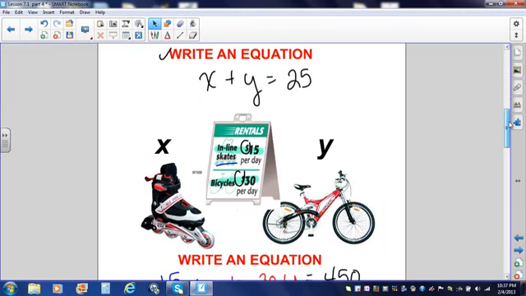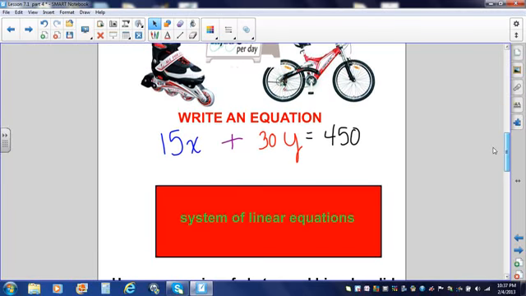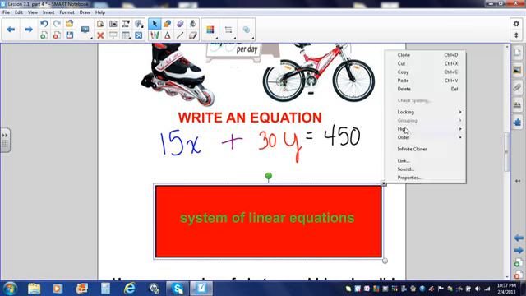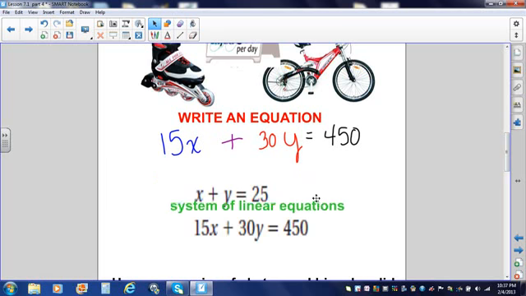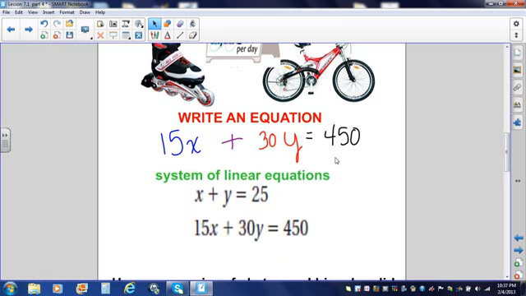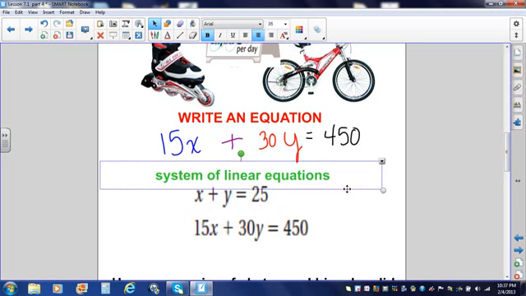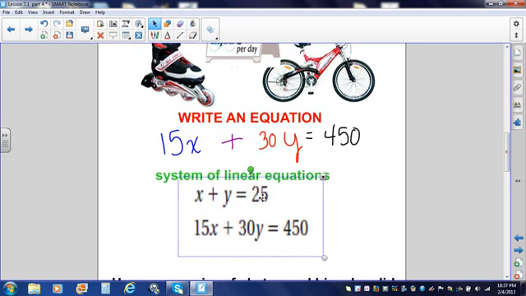Now I have two linear equations. If I have two linear equations, we call that a system of linear equations. Bingo! So basically what you did was you wrote a system of linear equations by writing two equations.